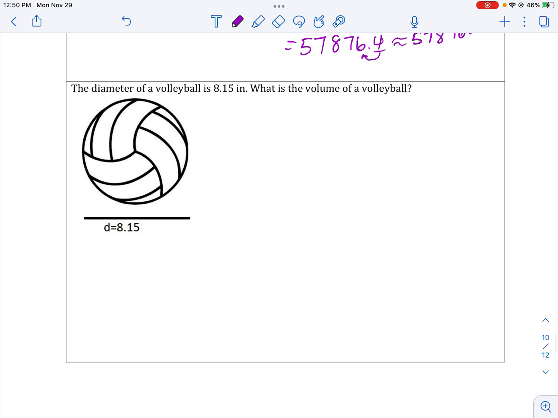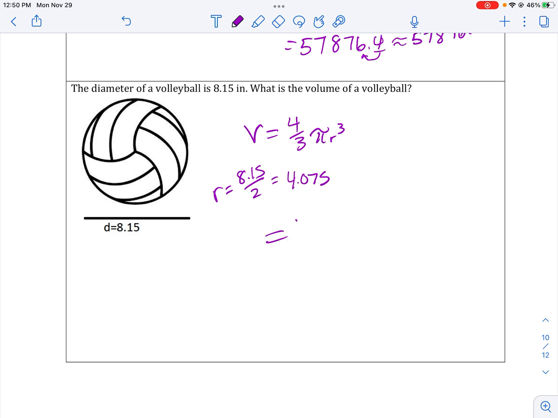Now here we're given the diameter. Remember, the only number we need is the radius. So I'm going to take this diameter and divide it by 2 to find r. So 8.15 divided by 2 gives me 4.075.